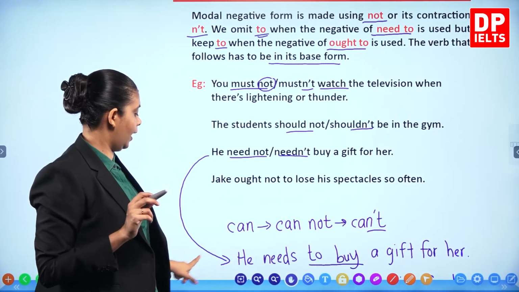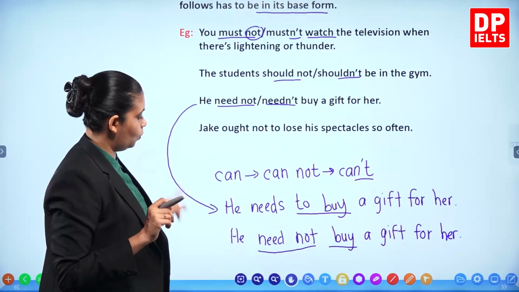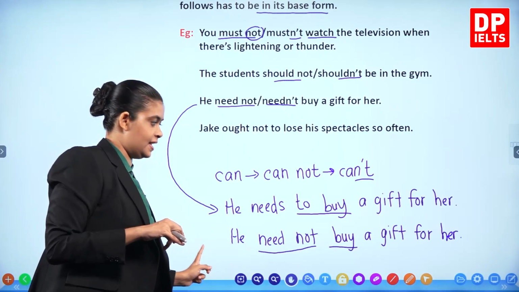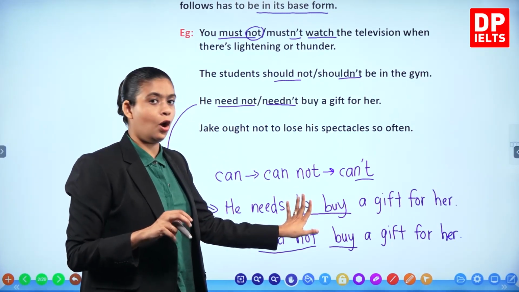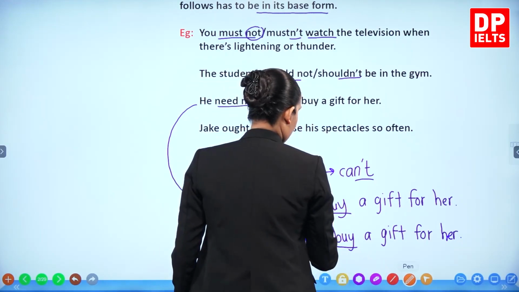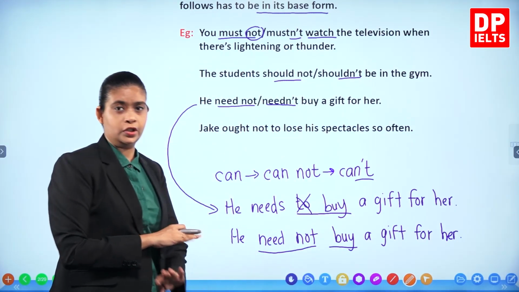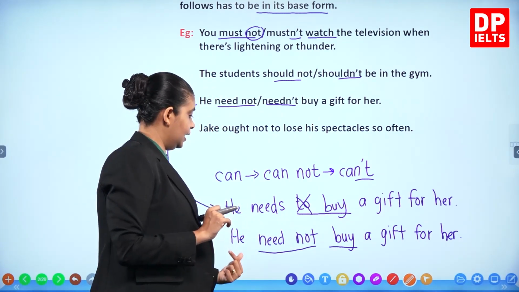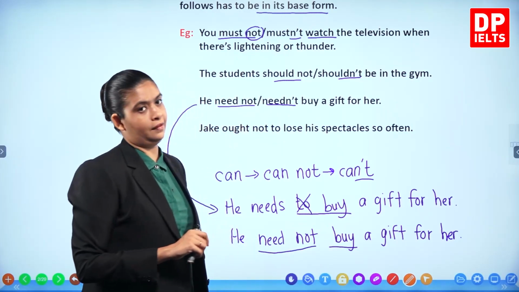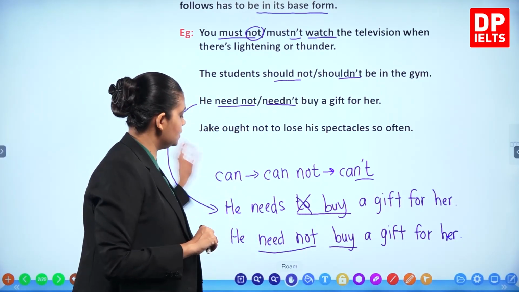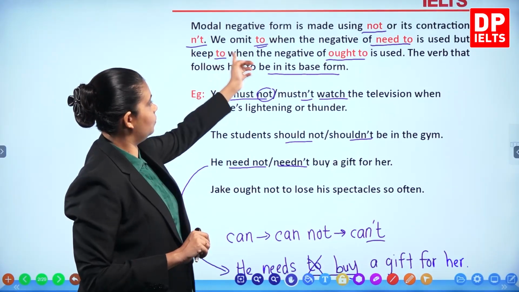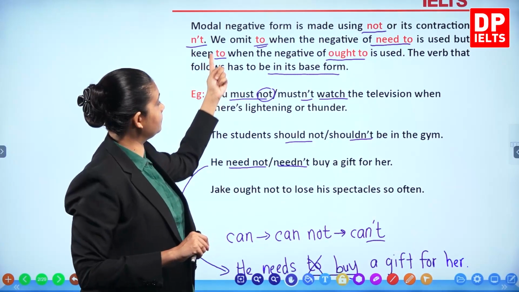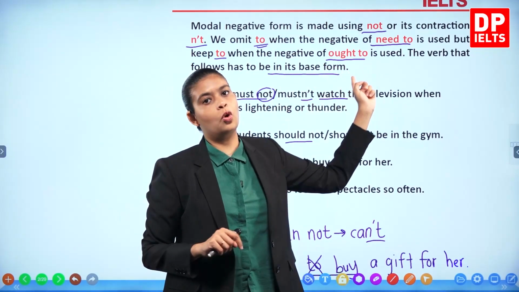So when you have a sentence with need to in the positive form, when we write the negative sentence, we omit the to, we don't write it. We write the negative sentence saying, he need not buy a gift for her. So that is what was meant: we omit to when the negative of need to is used, but keep to when the negative of ought to is used.